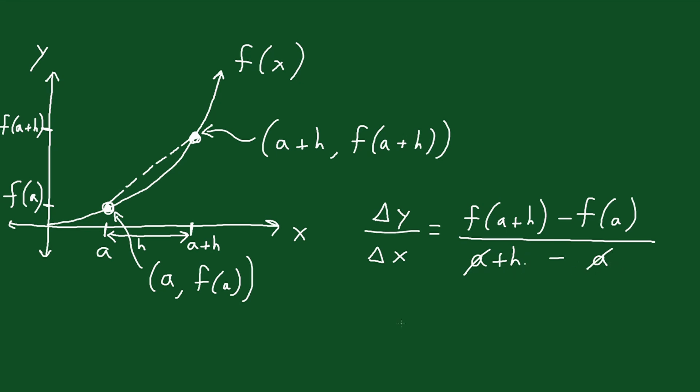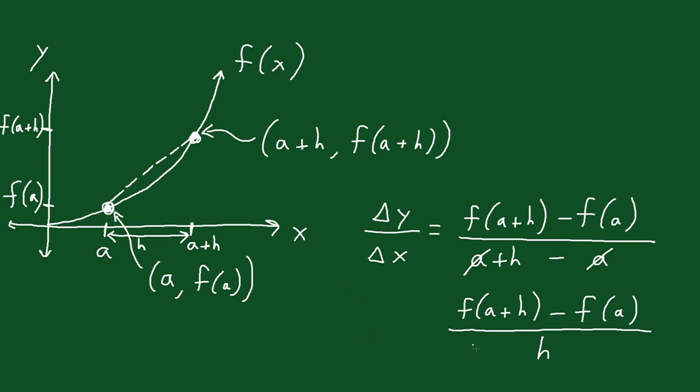So I can say that all we're left with here is going to be f of a plus h minus f of a, and this is all over h. Now, what this gives you is the slope between these 2 points, right? We all agree on that.